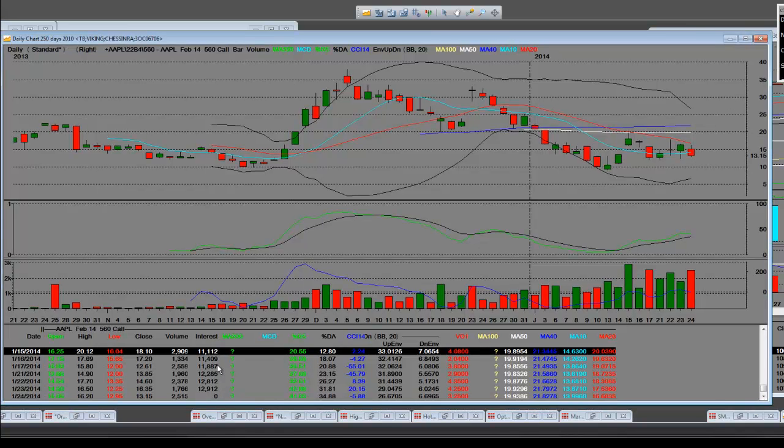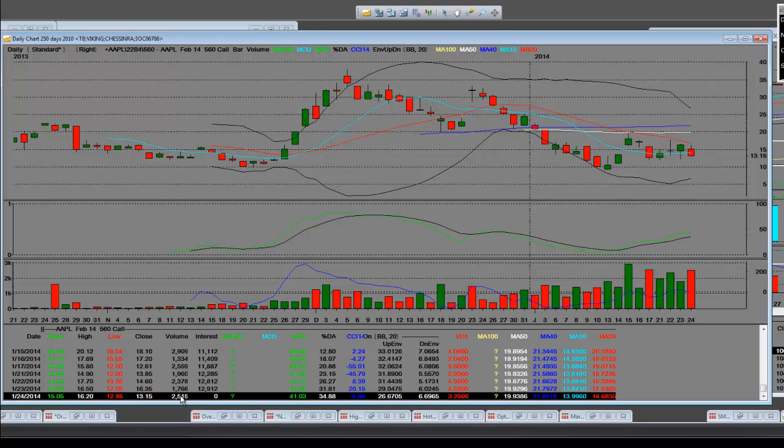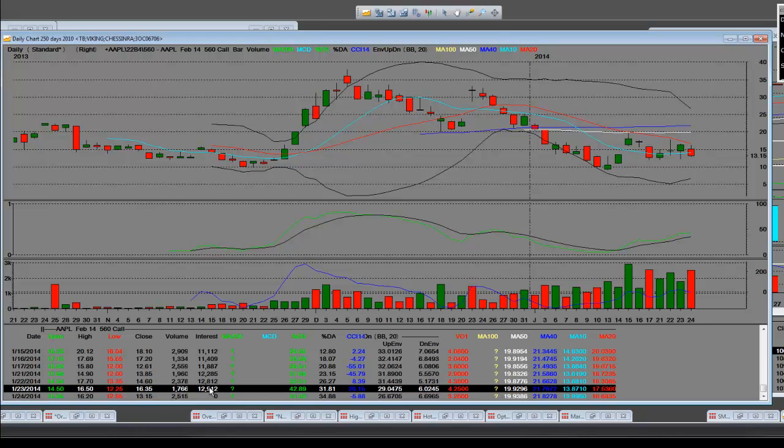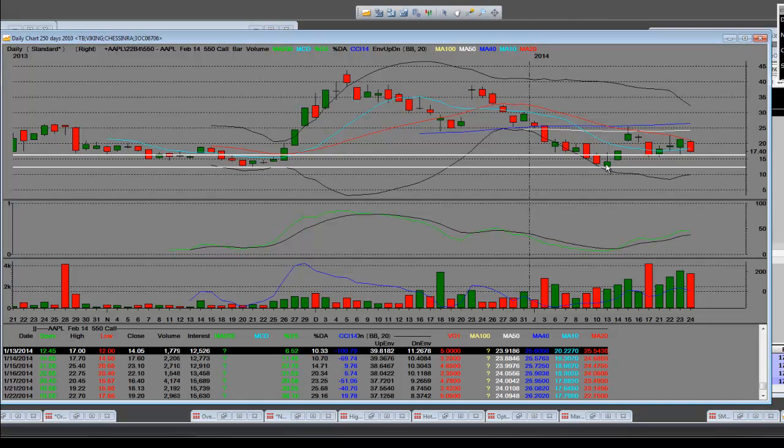However, we have seen, though, that the open interest on this particular one now, including Friday's trade, was 2,500, but the open interest 12,912. That's on the 560 call for February. February 550 call. Yes, we can take a look at where those all-time lows were at $12.